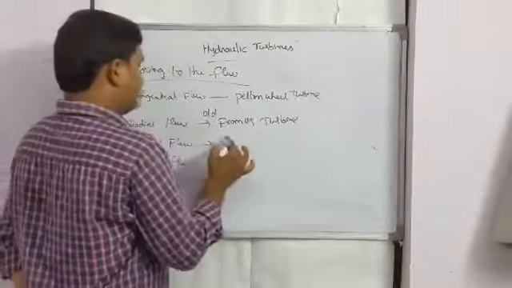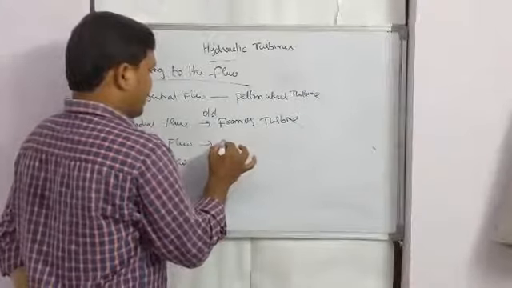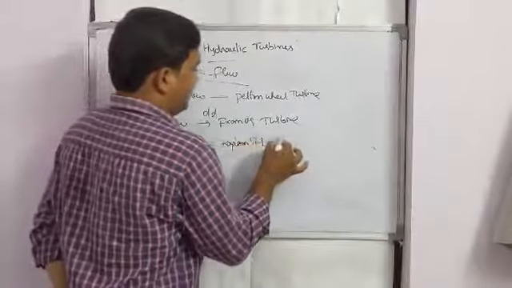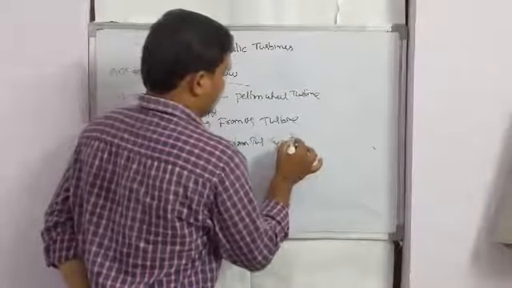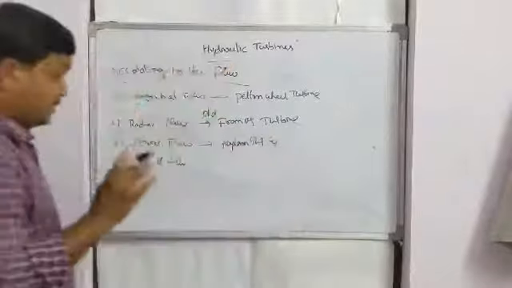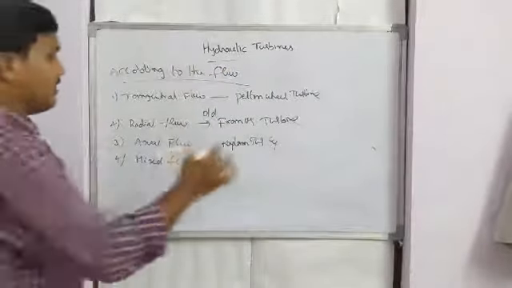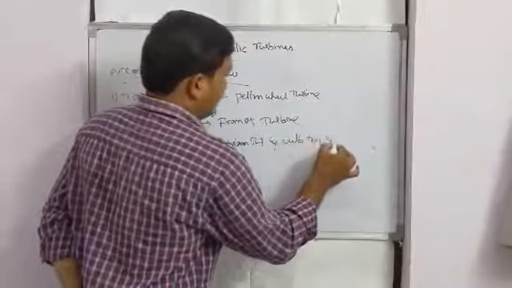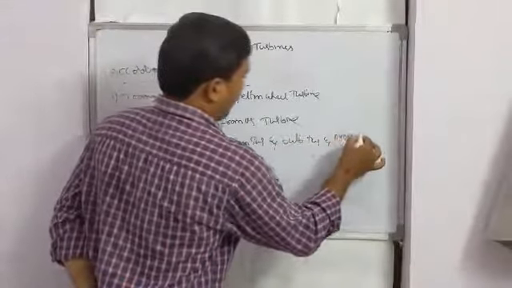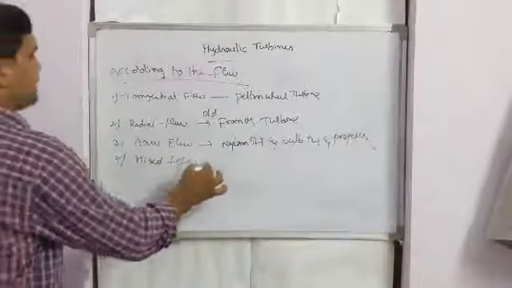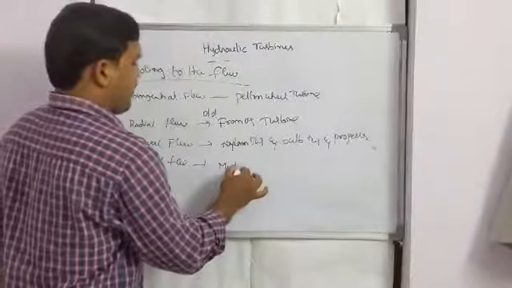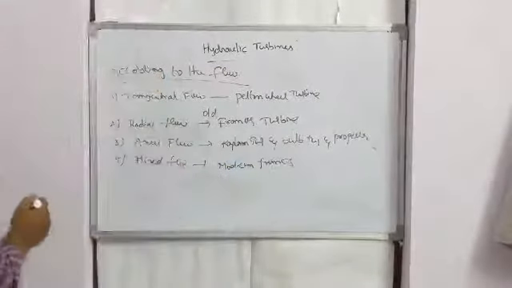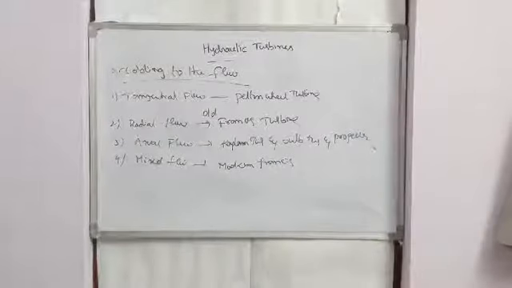For axial flow, the Kaplan turbine, bulb turbine and propeller turbine. Mixed flow is the modern Francis turbine. So these are the classifications by type of flow.